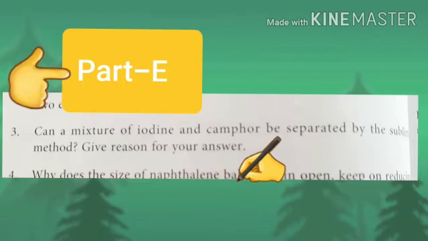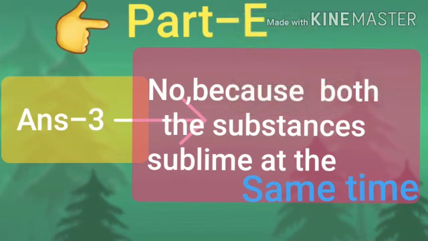Now, part E, question number 3. Can a mixture of iodine and camphor be separated by the method of sublimation? Give reason for your answer. Dear student, as you know, camphor and iodine, both the substances sublime on heating.